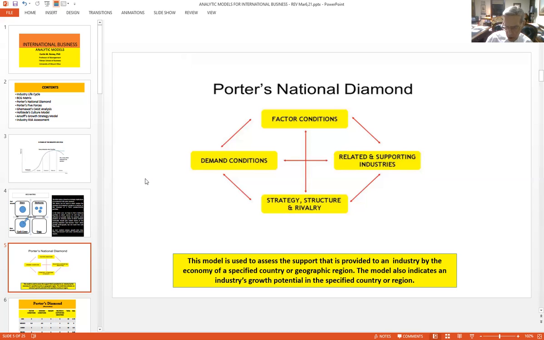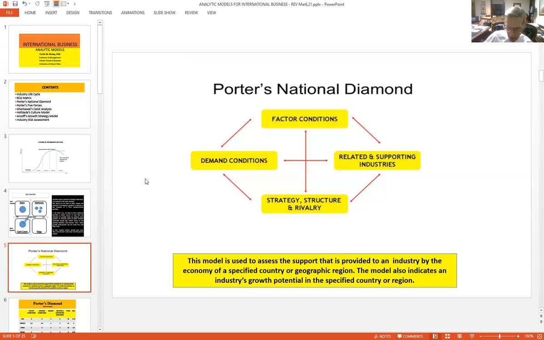Related and supporting industries, you can imagine computing software, hardware, and so forth. Lots of industries have need for other industries. And so when one industry really gets going in a country or a region, others will crop up around it to support it. And the result will be a cluster of related industries. And Porter wrote a lot about those clusters.